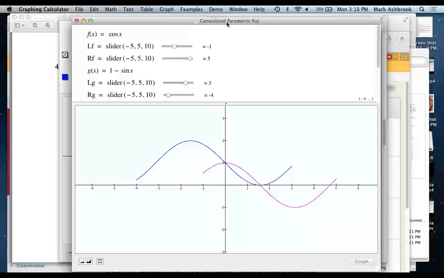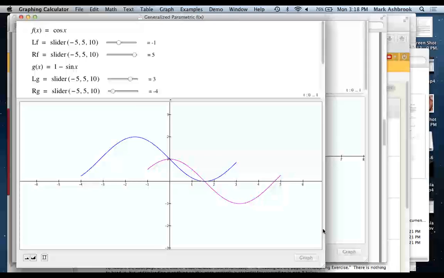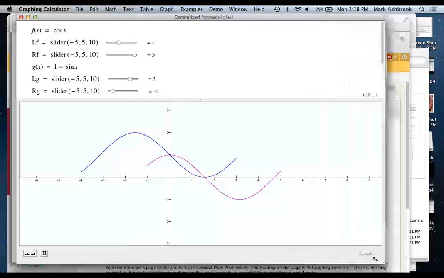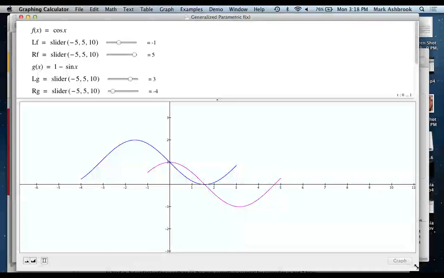I want you to look at these command lines and at your tables, and make sense of the command lines and what you're seeing graphed. There's a blue curve and a purplish curve. I want you to make sense of what you're seeing there in those command lines.